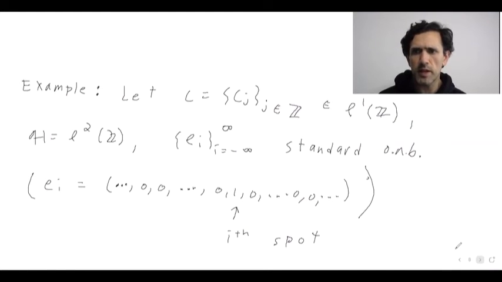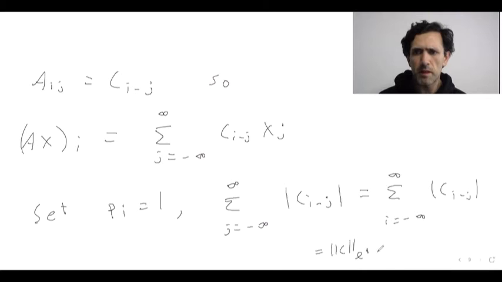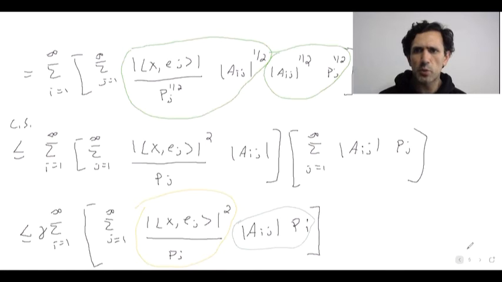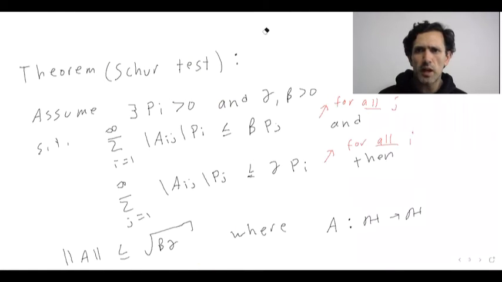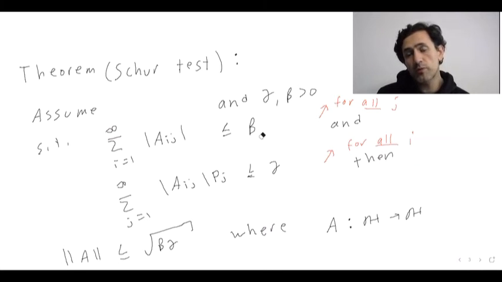So remember, when the p_i are equal to 1, our task is to just prove this here, which we've done with beta and gamma equal to the L1 norm of c.